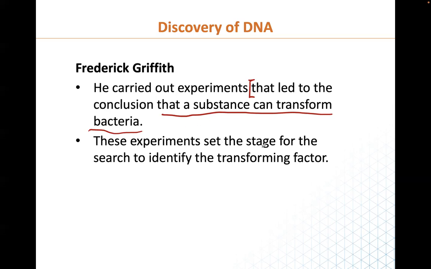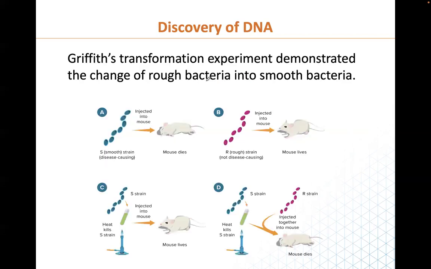This experiment set the stage for the search for the identity of the transforming factor. We know now that a substance can transform bacteria, but what is that substance? This is what brought about the research for it.